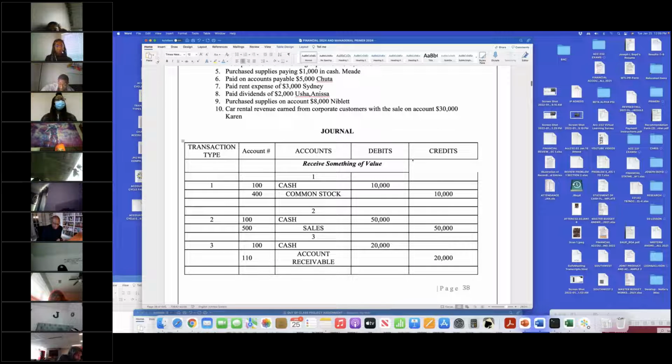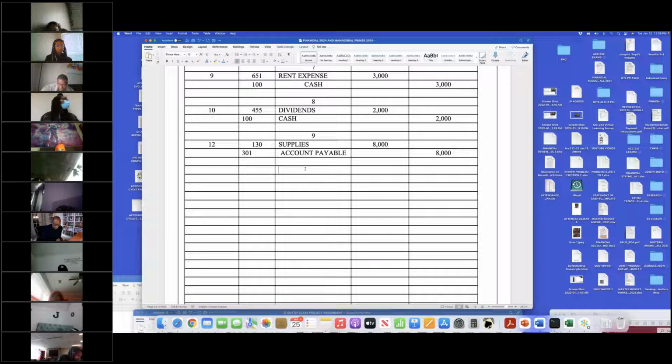We're on number 10. 15. That becomes a type 15. What do we debit on a 15? Accounts receivable. We're going to debit accounts receivable.